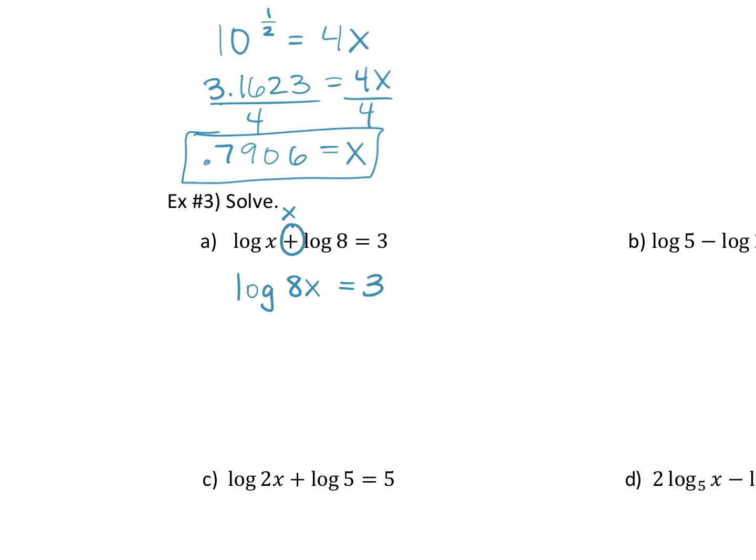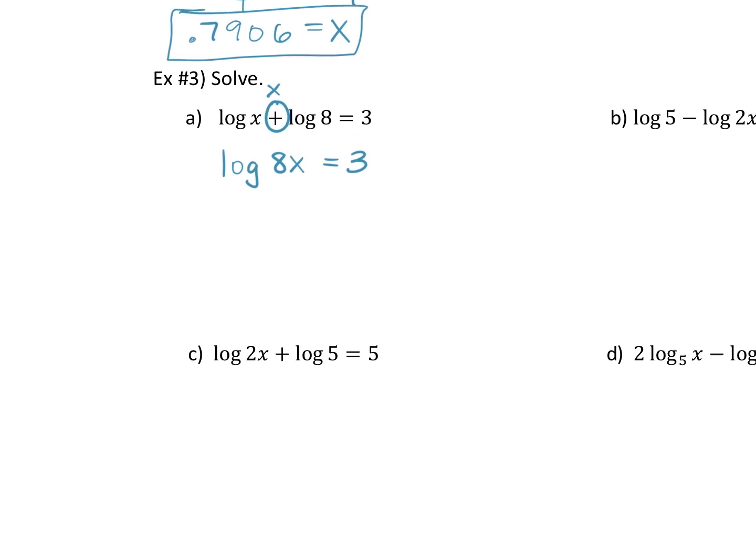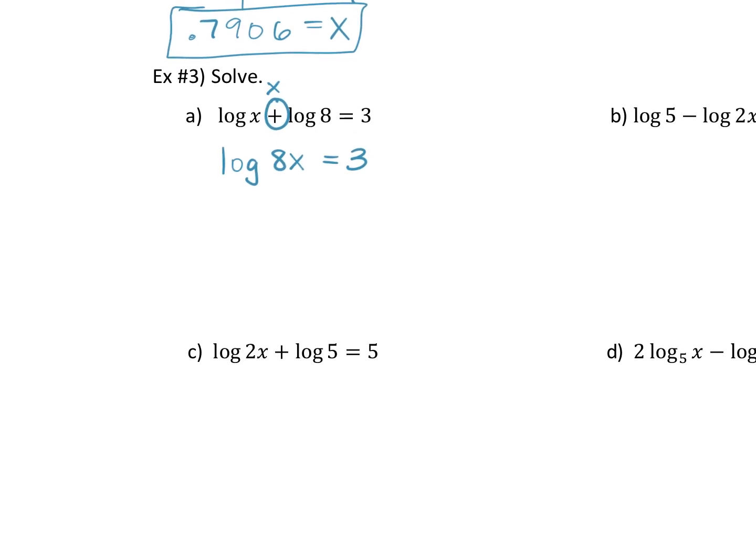How do you write that in exponential form? Right, you have this little 10 here. So it's 10 to the third power equals 8x. And then you solve for x. Plug in 10 to the third in your calculator if you don't remember what 10 to the third is, okay? We have calculators for a reason.